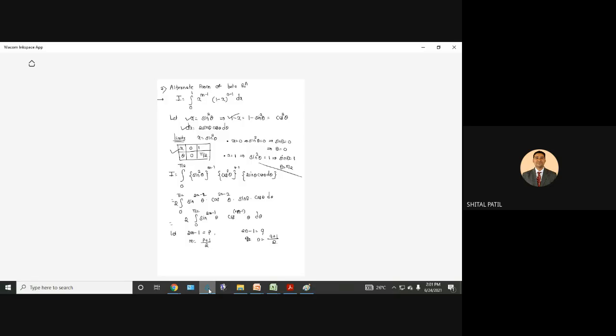Okay, so we have this result: beta mn equal to 2 times integration from 0 to pi by 2 sin raised to 2m minus 1 theta cos raised to 2n minus 1 theta.